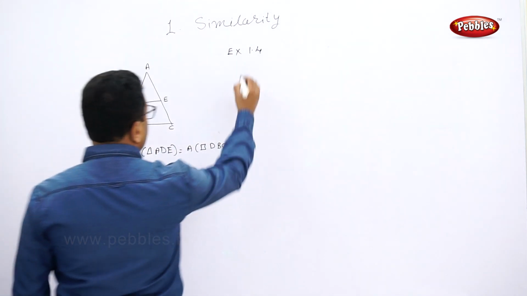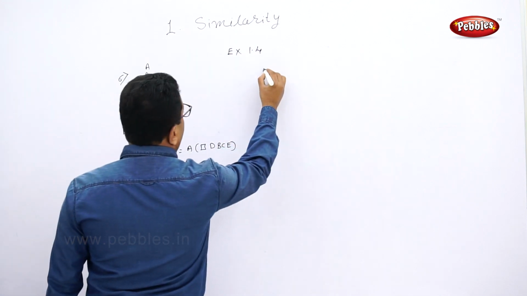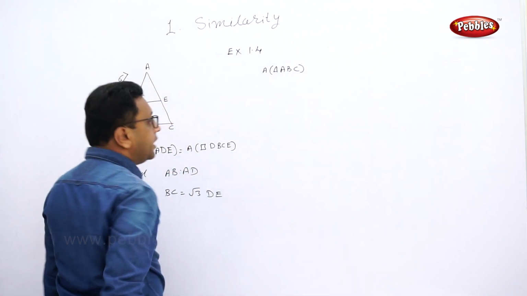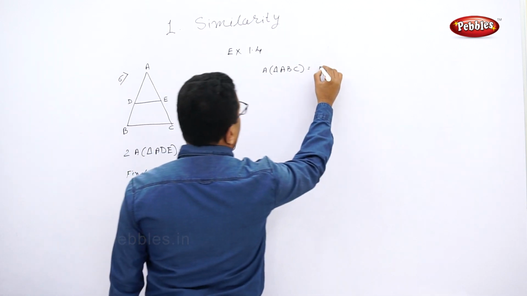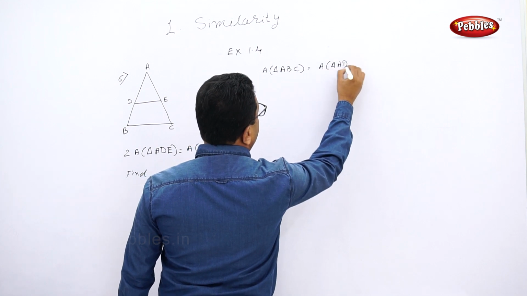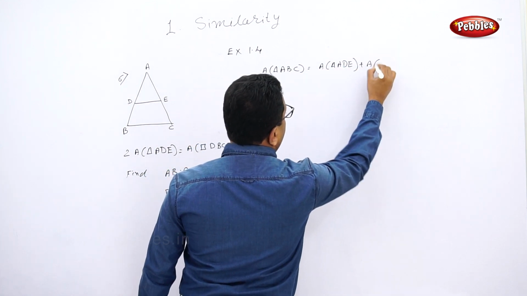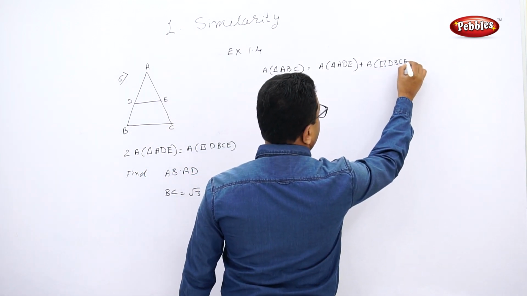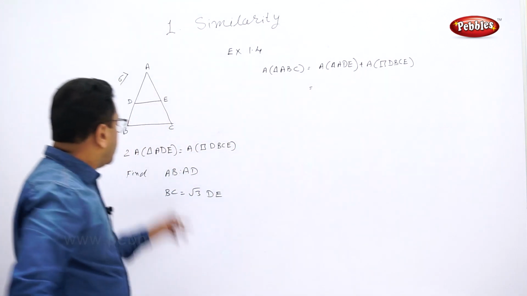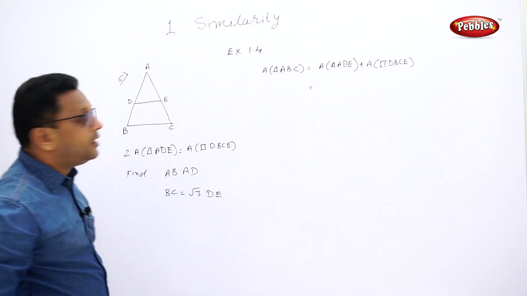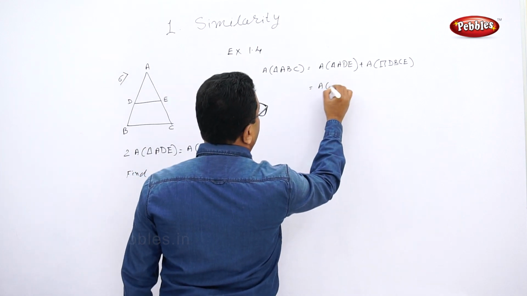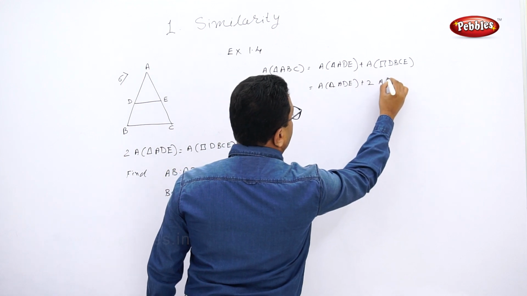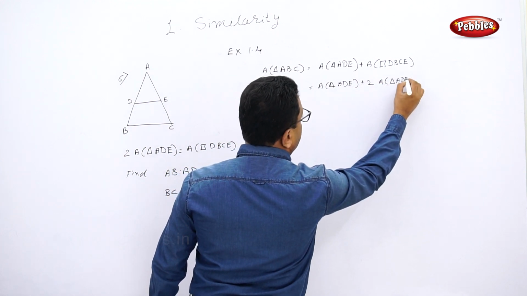First, we will see that the area of triangle ABC is nothing but the area of triangle ADE plus the area of quadrilateral DBCE. And it is already given that DBCE is equal to twice ADE. So this is equal to area of triangle ADE plus twice area of triangle ADE.